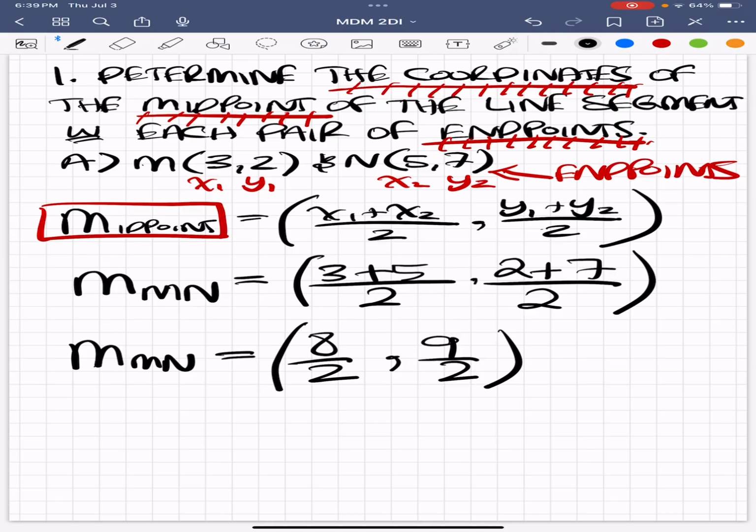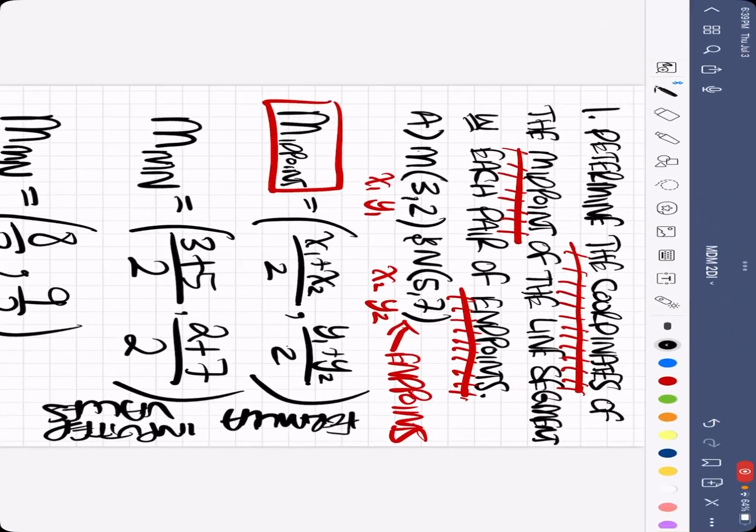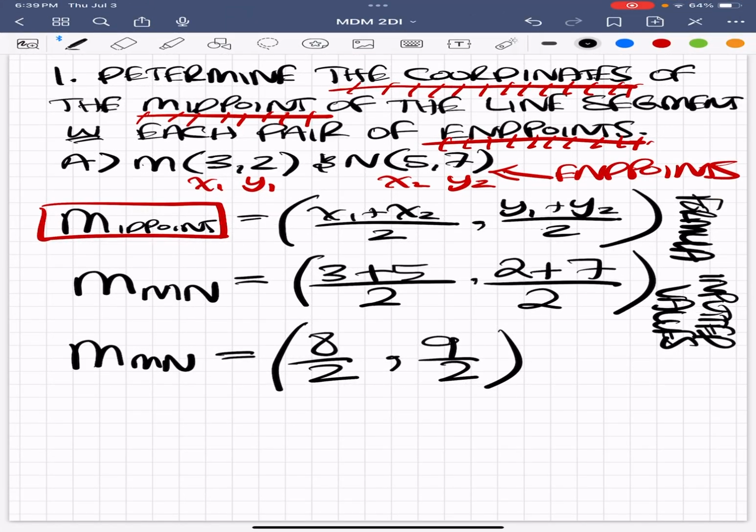Now, so here's the formula. Here is where we inputted our values. Here is where we will reduce the fractions. We can also change them to numerical form.